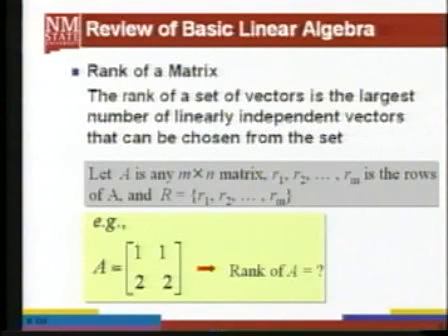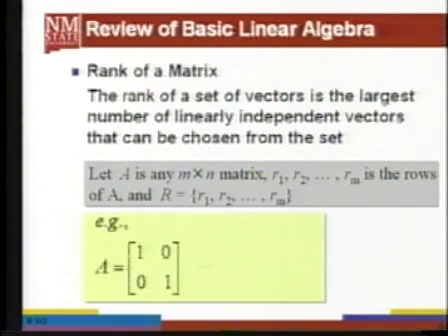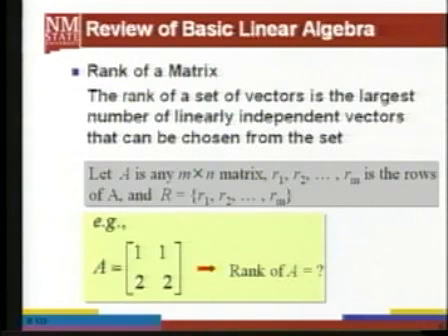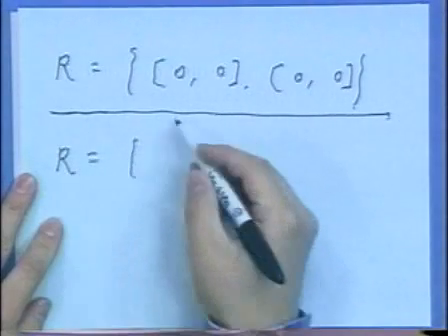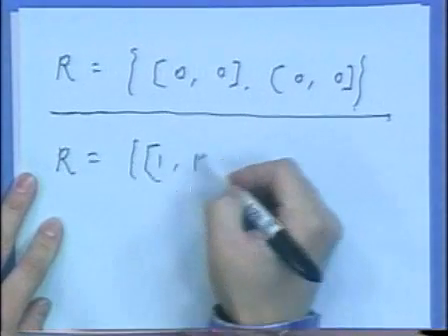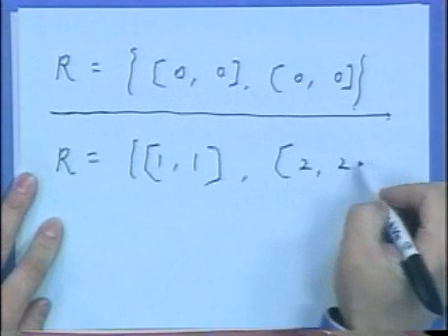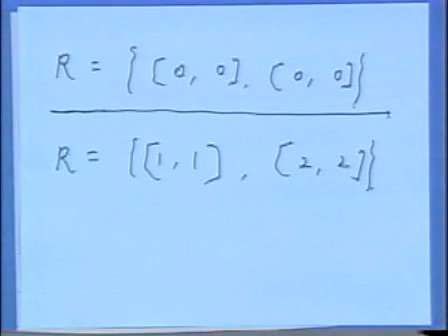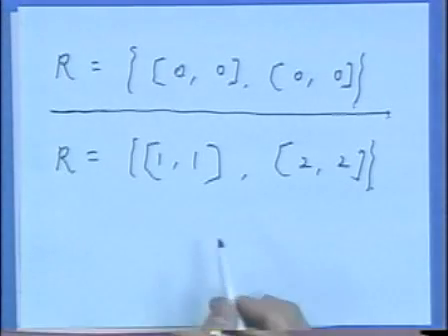Okay, what about this case? In this case, rank of A is 1. Because in this case, R would be (1, 1) and (2, 2). Right? So if we try to find two linearly independent vectors in R, we fail.